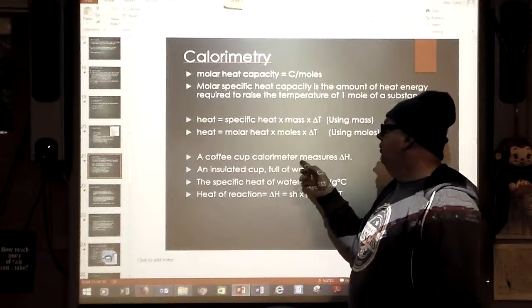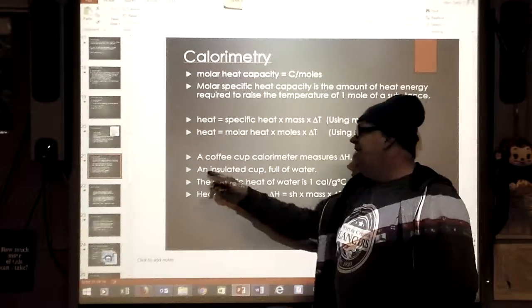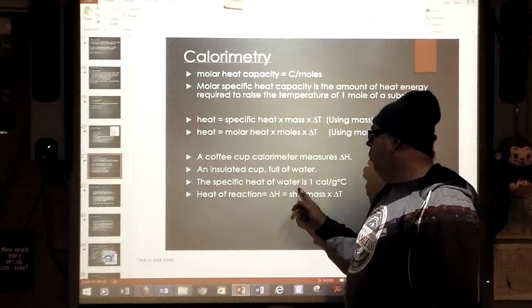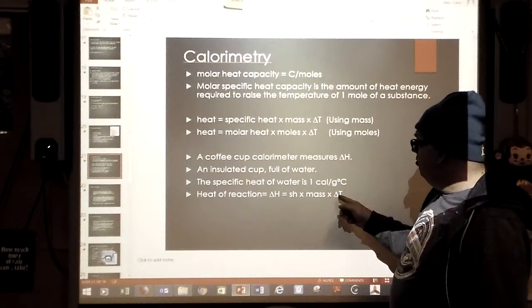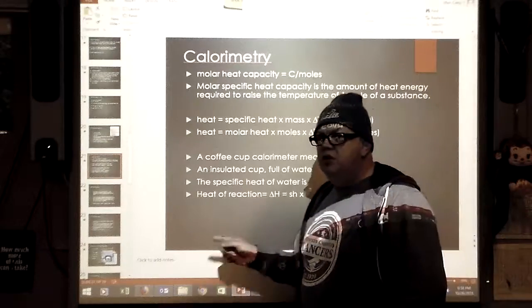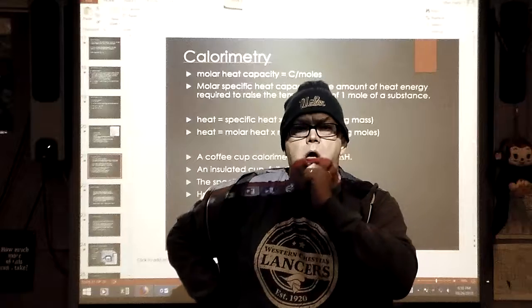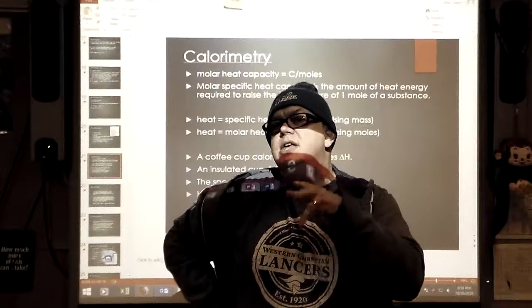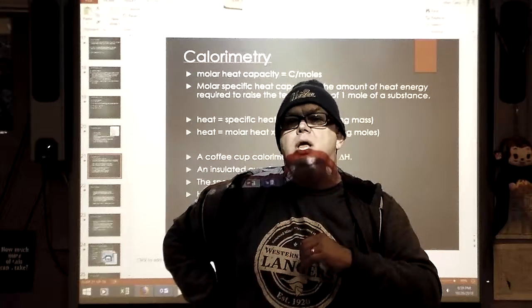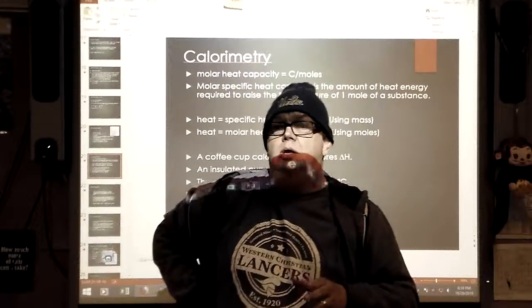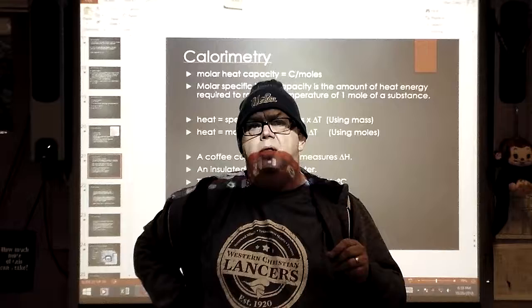So a coffee cup calorimeter measures delta H, an insulated cup full of water. The specific heat of water is 1 calorie per gram times degrees Celsius. Now there we're not looking at the number of moles. For basic calorimetry, which you guys are going to have a chance to do, no, you're not burning a Dorito chip on this one.